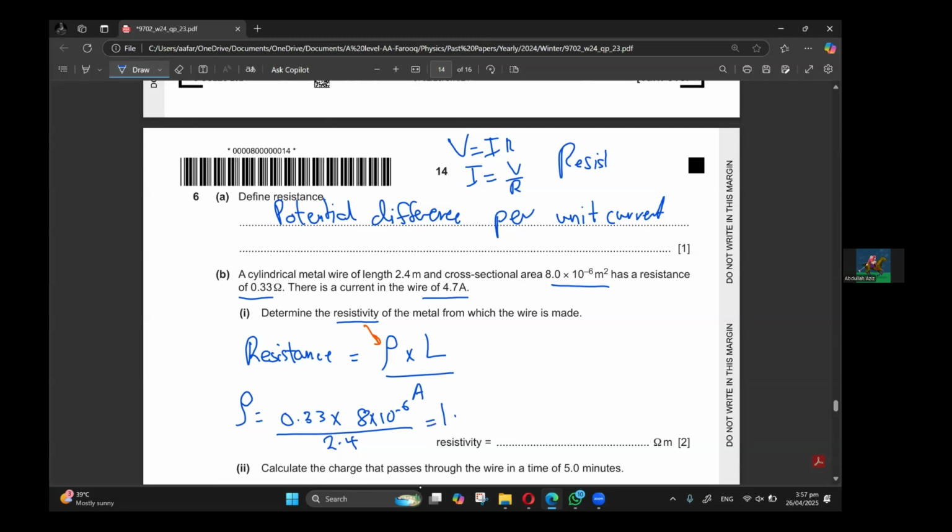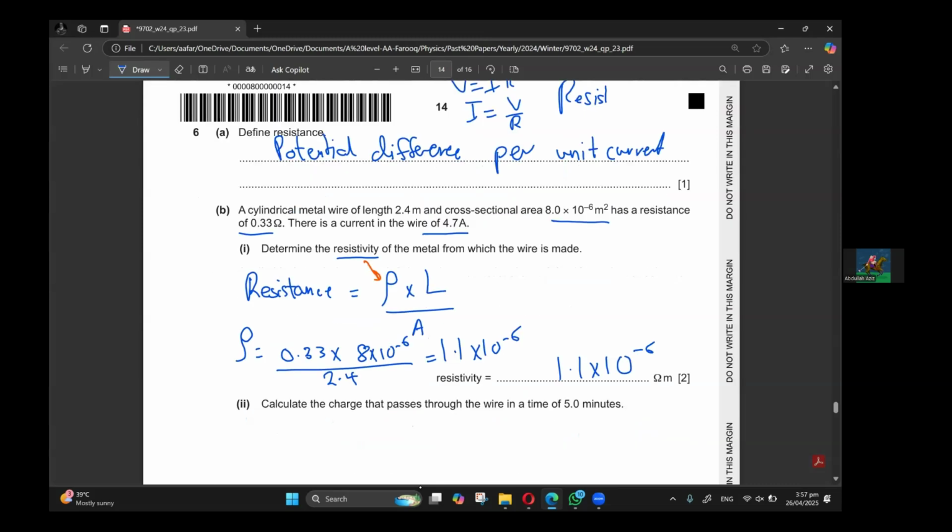We get 1.1 into 10 to the power negative 6 ohm meter.